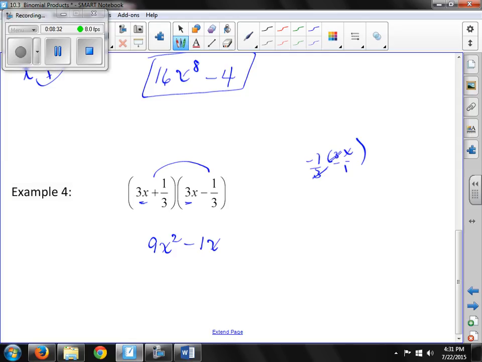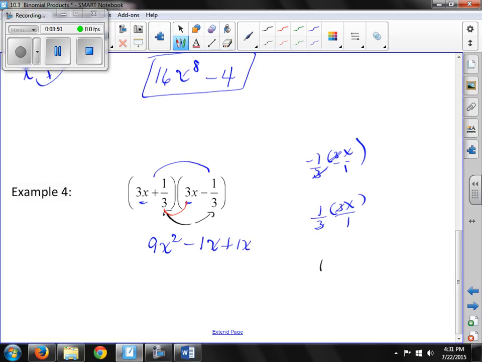And then when I do the inside, I'll have positive 1/3 times 3x, and the 3's cancel again and give me plus 1x.